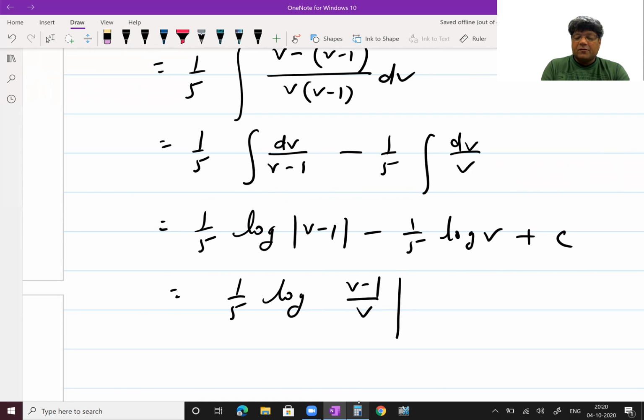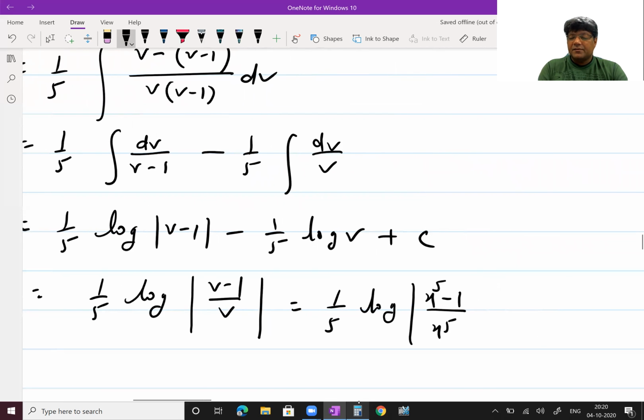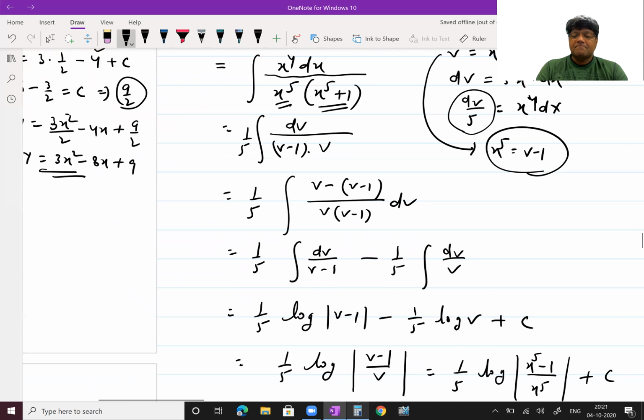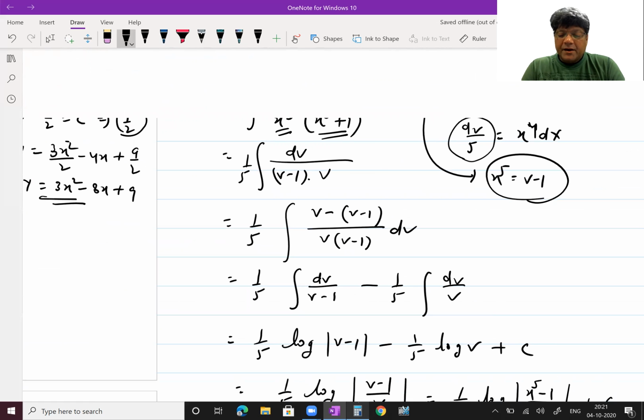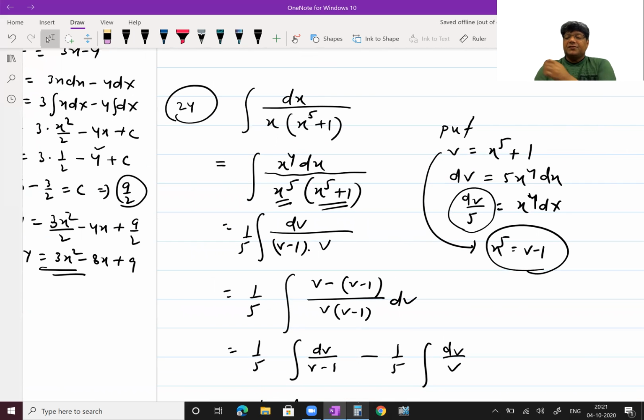You can place the value of v. What is the value of v? x^5. So that will be equal to 1 by 5 log of (x^5 minus 1) by x^5 plus c. v cancelled. v minus 1.